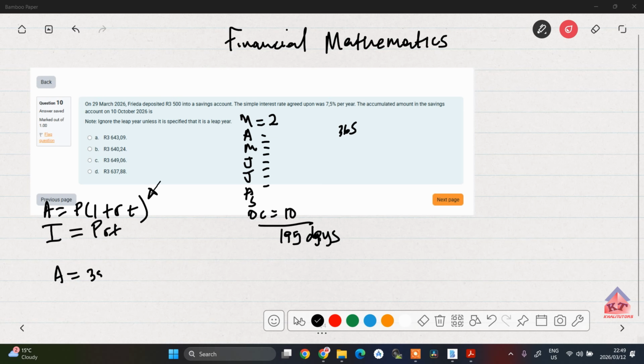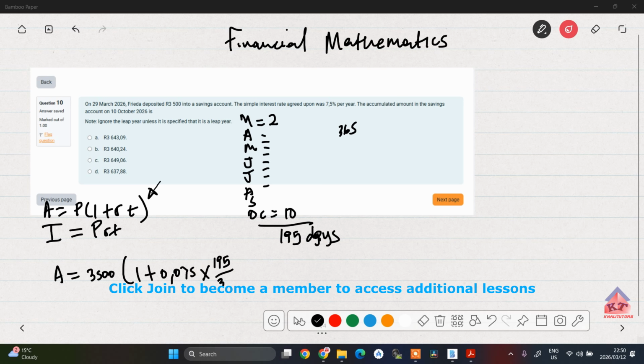P, we were told this is 3,500. Then you multiply this by 1 plus our R, we were told it's 7.5, so it's the same as 0.075. Then we multiply this by 195 over 365, which is the time in years.